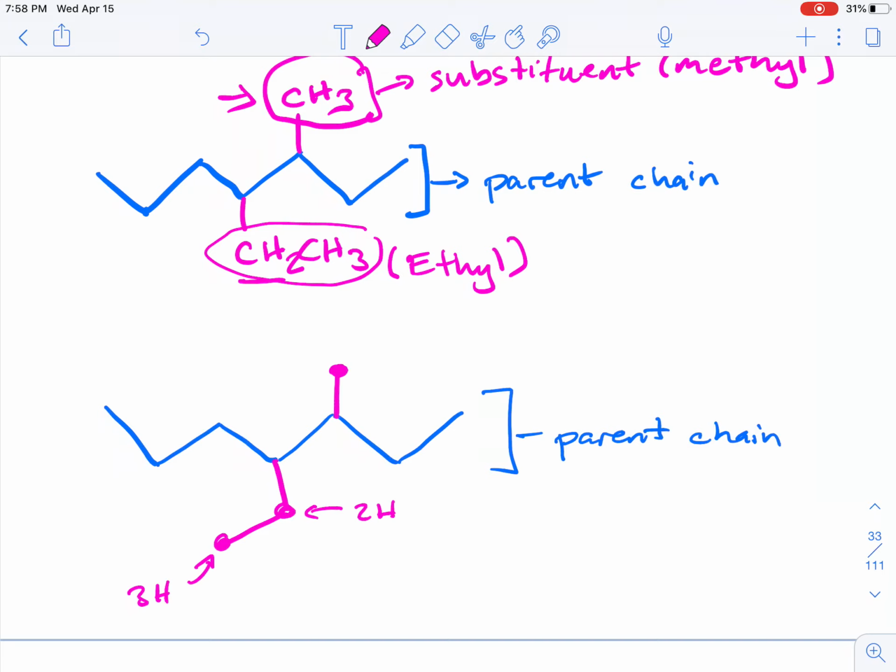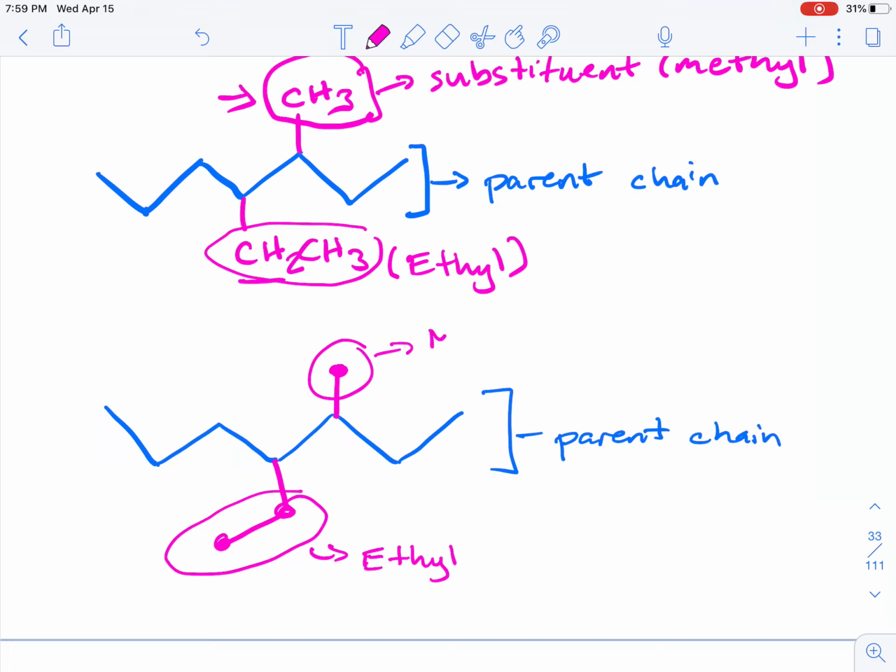Remember, carbons want 4 bonds, and if all of the bonds between carbons are drawn, everything that is not shown is a hydrogen. And so this is going to represent ethyl, whereas this is going to represent methyl.